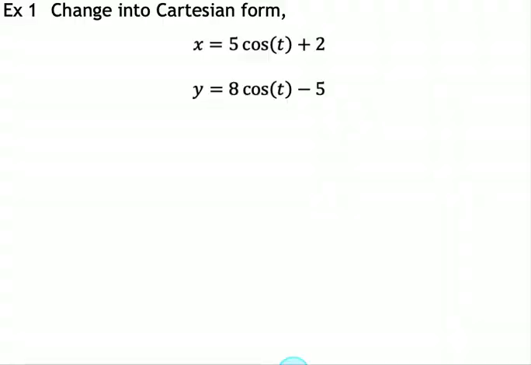So, example number 1. This is where they contain the same trig function. Now, these are the easiest ones to work with. When it comes to trig functions in parametric, however, always start with the same point, and that is make the trig function the subject.